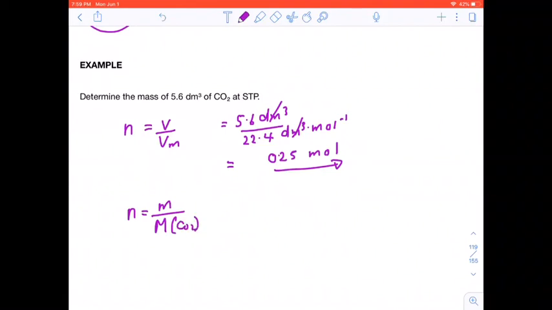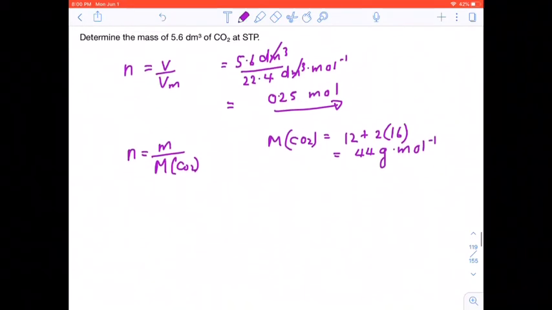And the molar mass of CO2 is equal to carbon, which is 12, plus 2 times 16 for oxygen, which gives us 44 grams per mole.